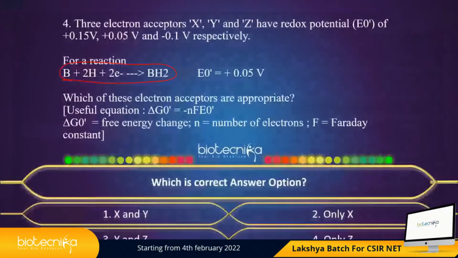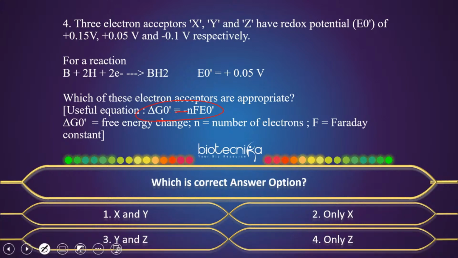So with a simple logic, you look over here, the equation is minus nFE0. That means if your standard cell potential is positive, then minus and plus, delta G0 will become negative. Now, delta G0 becoming negative, is that favorable or non-favorable?